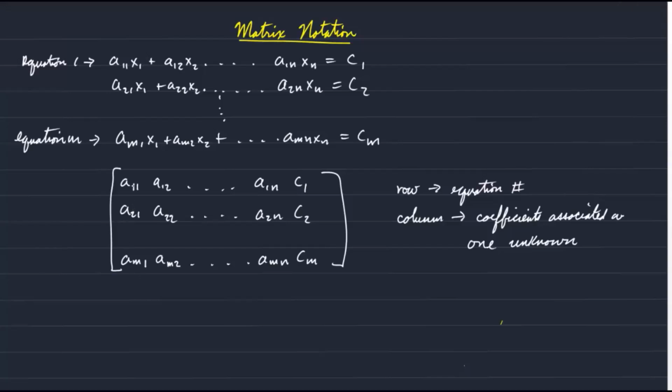So for example, the first column are all the coefficients multiplied by x1. The second column are all the coefficients multiplied with x2, and so on. And of course, the right-hand side, this last column, is all the terms not multiplied by x, or multiplied by x to the 0 power, if you will.